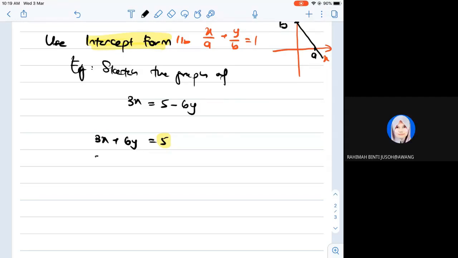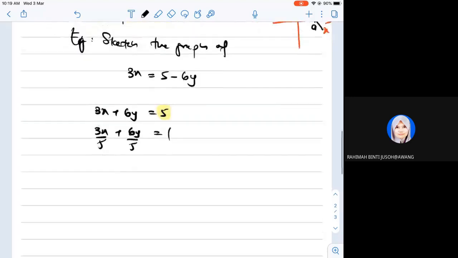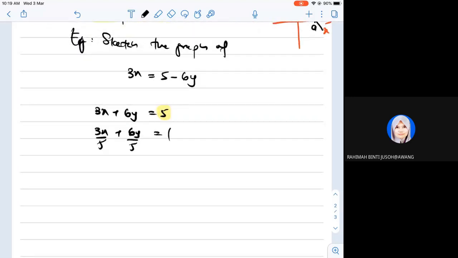So we will have 3x over 5 plus 6y over 5 equals to 1. Now what you should do next is you have to ensure all the coefficients become the denominator. Dia duduk kat bawah. So x over 5 over 3, terbalikkan lah, tambah y over 5 over 6 equals to 1.